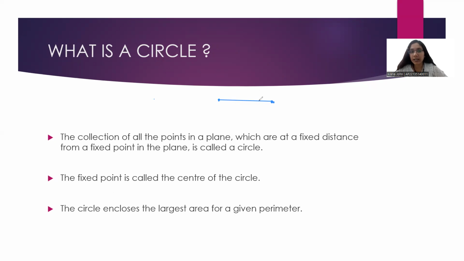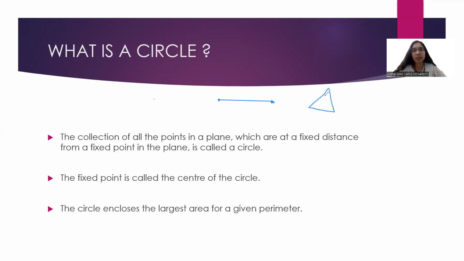Now we have line segments. Using line segments, we can construct polygons. What is meant by polygons? Polygons means the shapes which are formed by line segments. Here, this is a polygon which is formed by 3 line segments, and this polygon is known as a triangle.